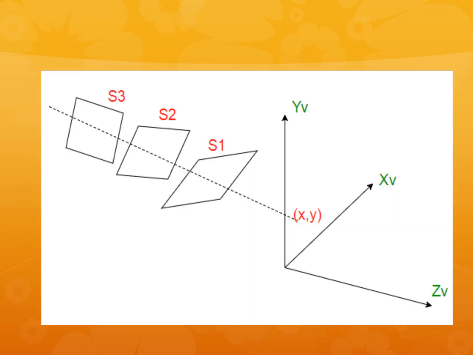Now in this diagram, let S1, S2, S3 be the surfaces. The surface closest to the projection plane is called the visible surface. The computer would start with surface 1 and put its value into the buffer. It would do the same for the next surface.